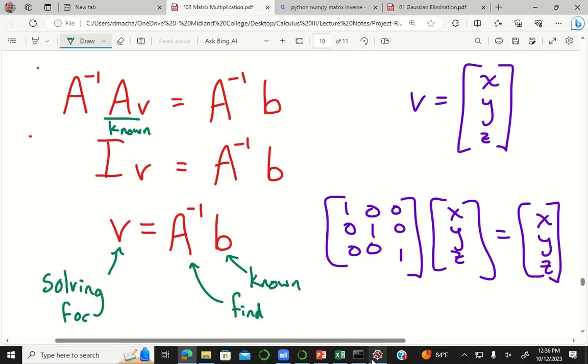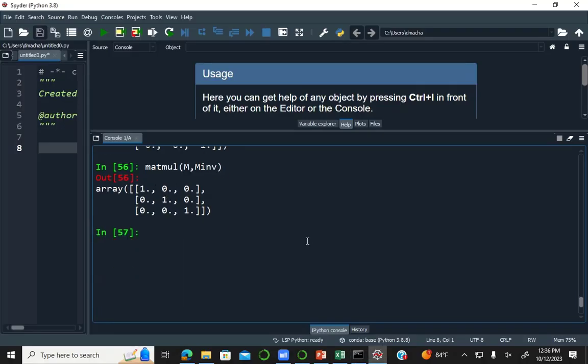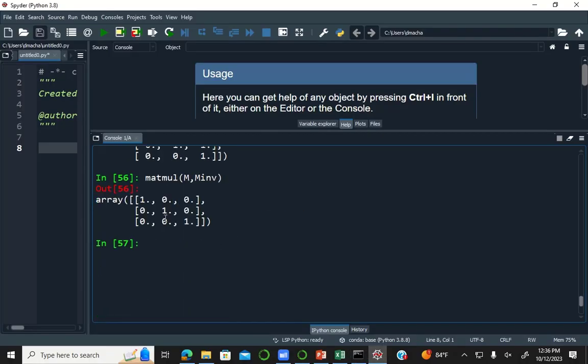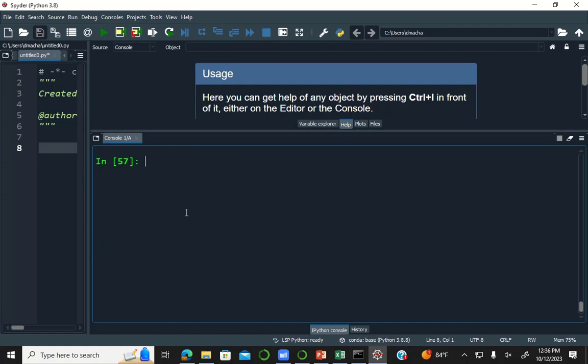So let's try this in Python. And we'll try to come up with something nice here. So the matrix A is going to be 1, 2, 3, 4, 5, 6, 7, 8, 9. The vector b can just be something a little bit creative. 1, 10, 100.